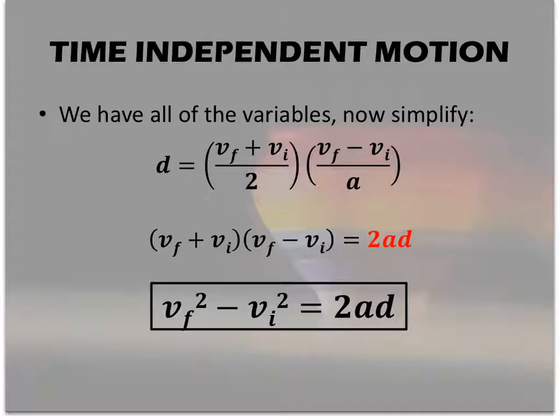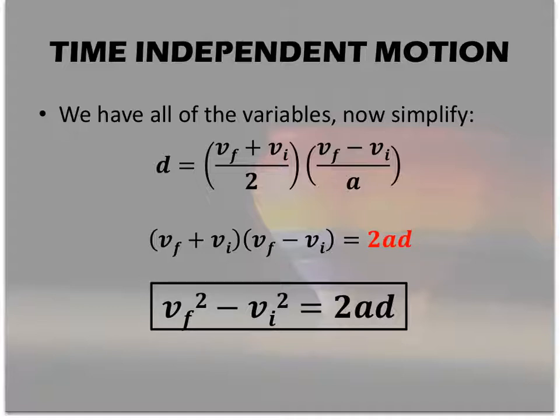But now that we do have all of our variables there, we can start to simplify this formula. I'm going to first multiply both sides by 2 and both sides by a at the same time, to get the final and initial velocity setups over there equal to 2 times a times d.